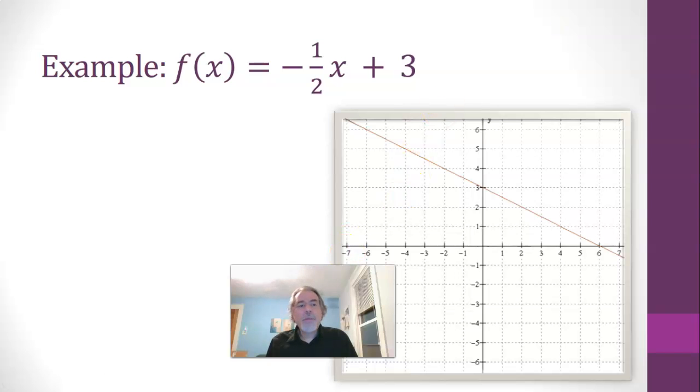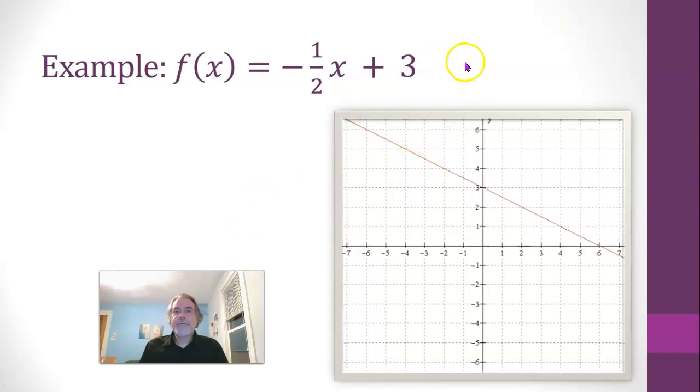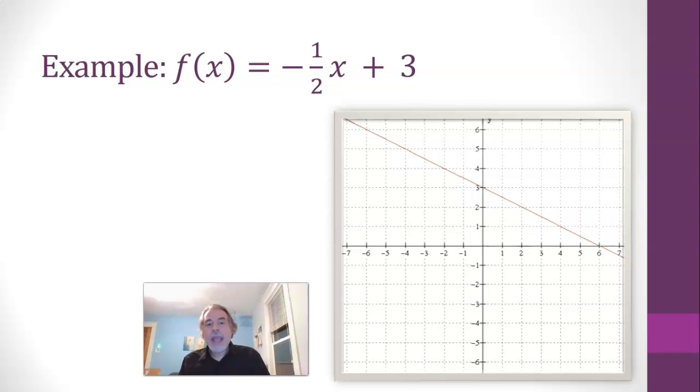So first, remember this example from the last section when we were doing linear functions? This is a linear function. The graph is a straight line with a slope of -1/2 and a y-intercept of 3. And every point on this graph has an x-coordinate and a y-coordinate.